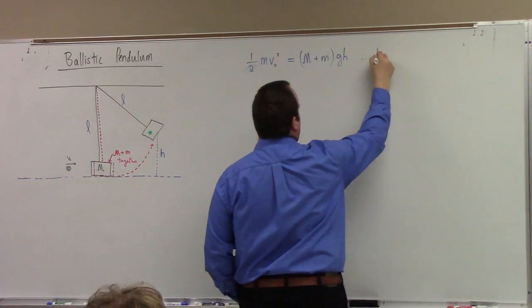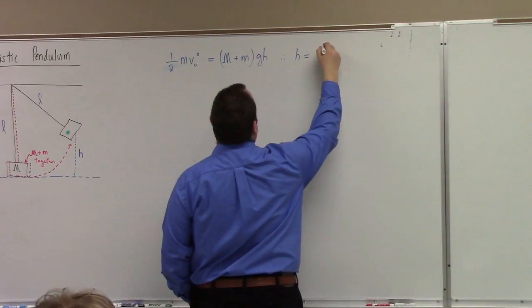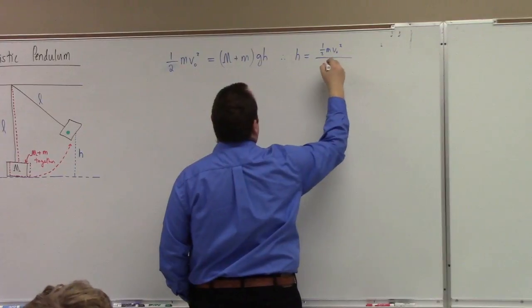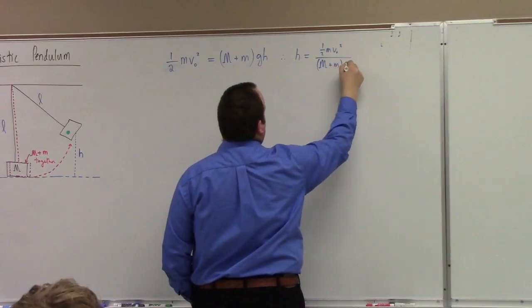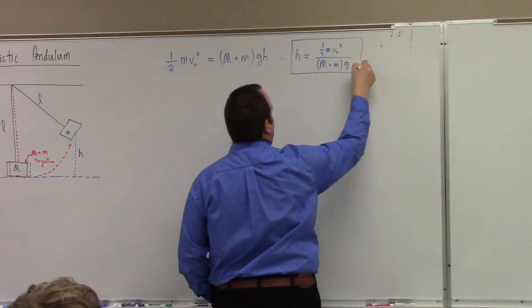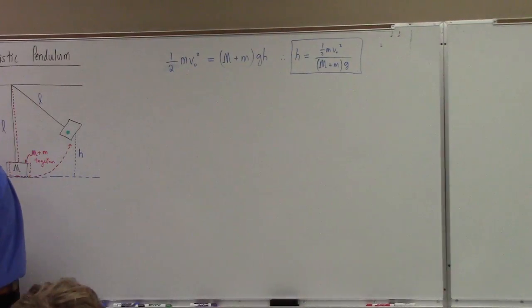So therefore h is equal to 1/2 m v naught squared divided by (M plus m) times g. And I was like, cool. Now I can go spend my time on other problems. Got that. Done. Nailed that. I felt good about it.